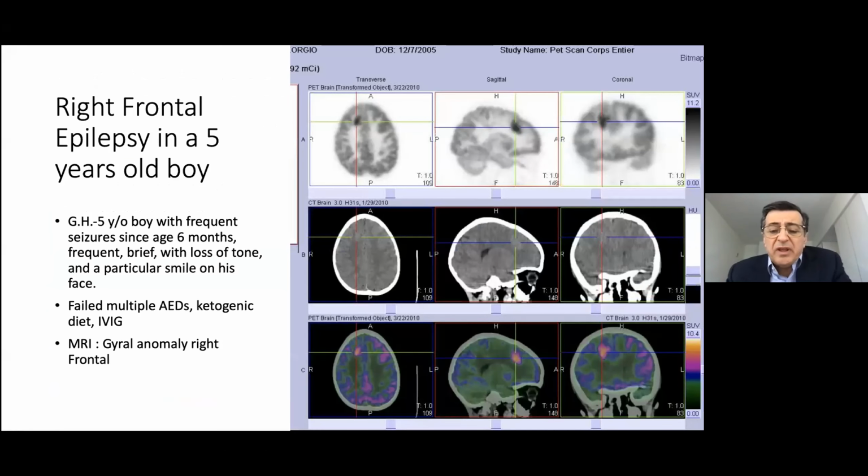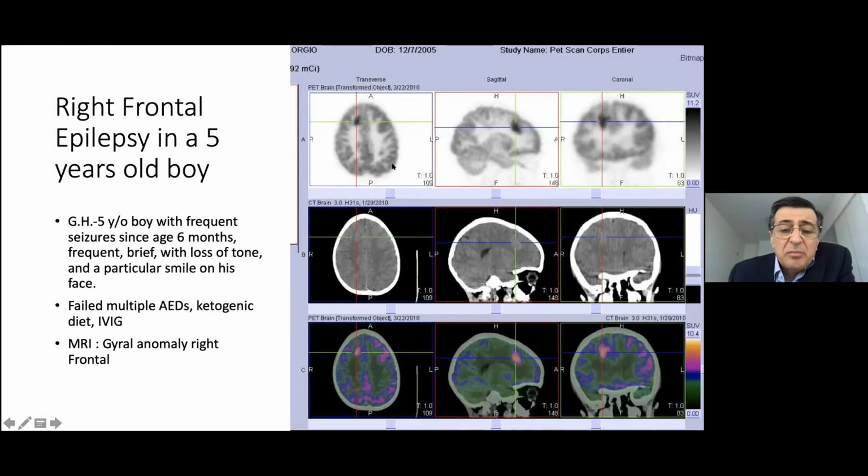And so I'm offering now a few examples of the placement. This is a 5-year-old boy with right frontal epilepsy, and an MRI showing a gyral anomaly in the right frontal lobe. It was not a type 2 dysplasia, it was more of a gyral anomaly.